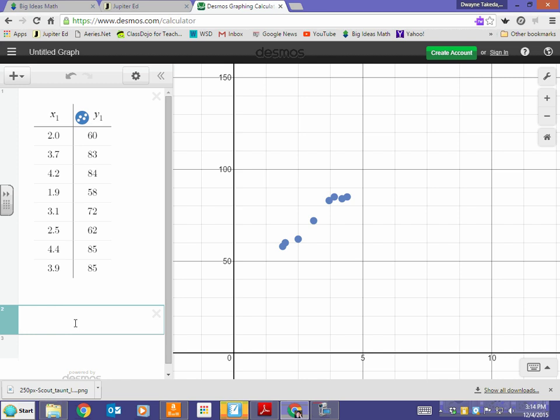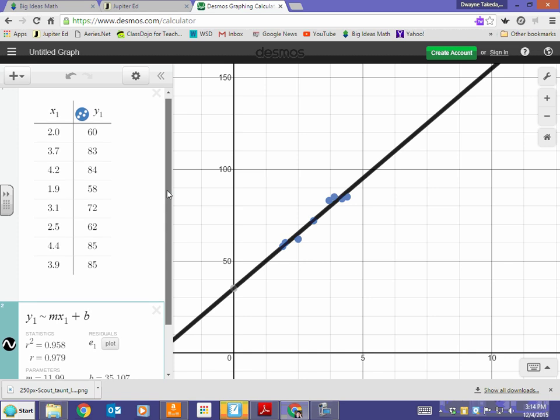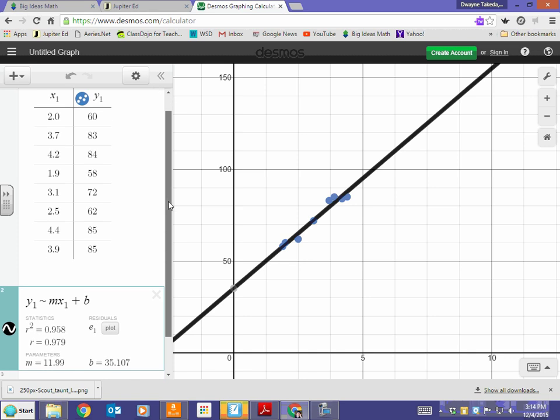So down here at 2, I'm putting y sub 1 squiggle, but now instead of putting in the values for slope and y-intercept, I'm going to use m and b. So m times x sub 1 plus b. Now here's my line. This is the line that the calculator came up with.